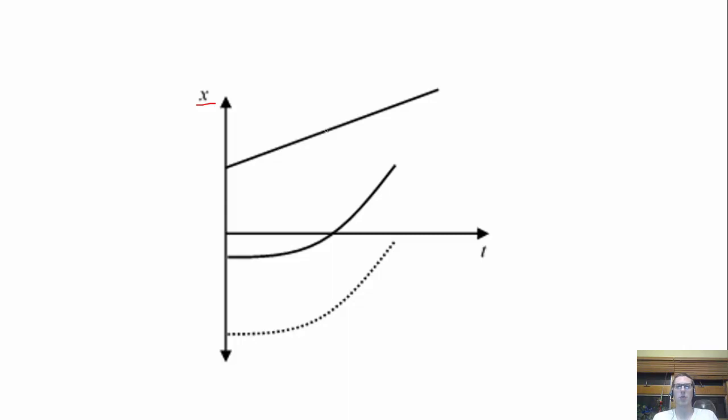In a given period of time, you go so far. So this is a constant velocity. It's just constant slope, just like we had with the acceleration before.